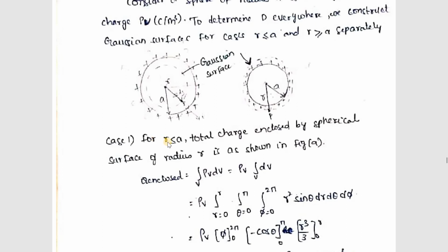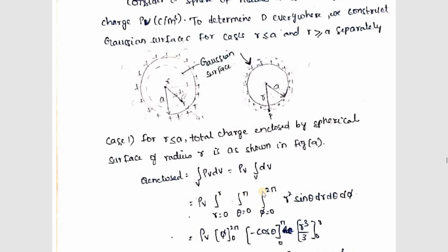So case 1, we consider R less than or equal to A. The total charge enclosed by the spherical surface of radius R is as shown. So Q enclosed is nothing but the volume integral of rho v dv, that is equal to rho v integration dv. The dv of a sphere is nothing but r square sine theta dr d theta d phi.